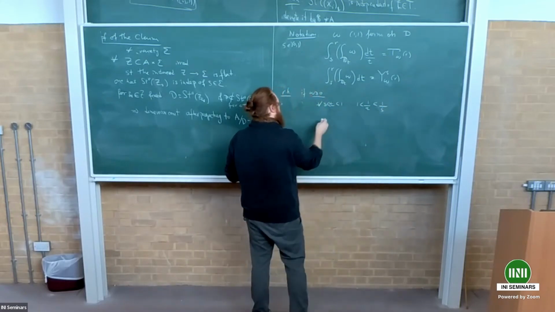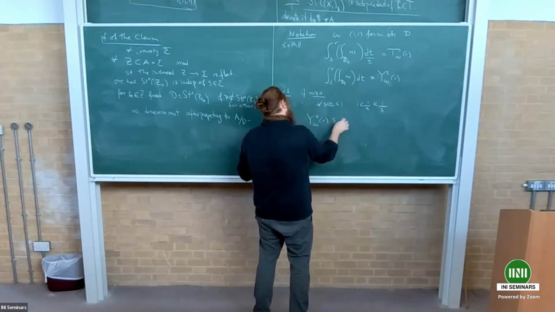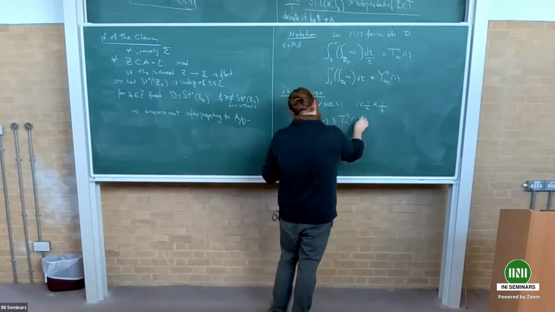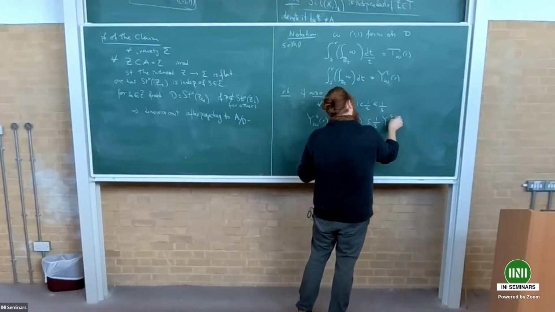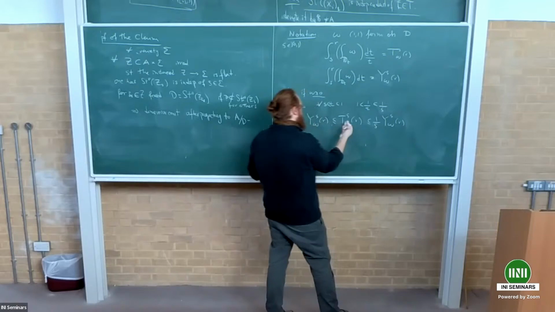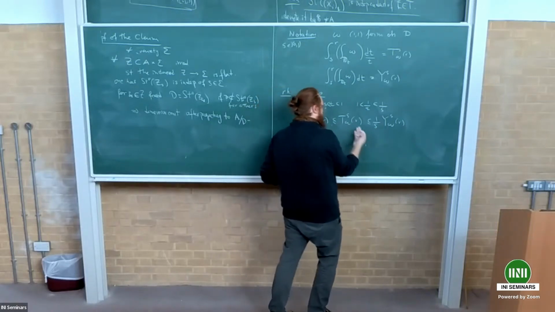And then you get that y omega sr is smaller than t omega sr, which is smaller than 1 over s y omega sr. So basically, to bound this is equivalent to bounding this.